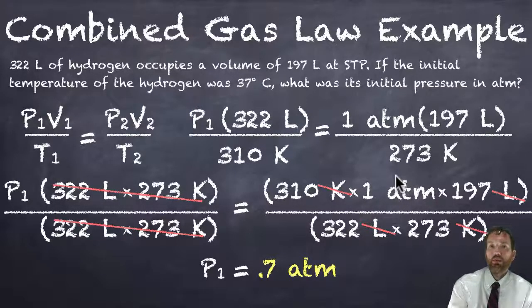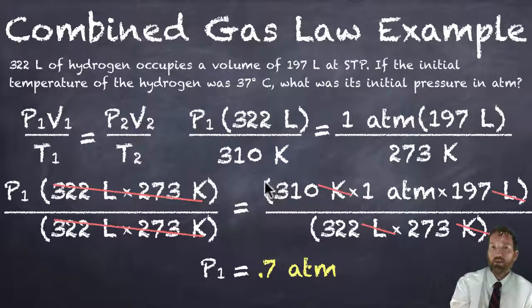Now it's time to punch it in. You do 310 times 1 times 197, enter, divided by, open bracket, 322 times 273, close bracket, enter. Now if you type this all in at once, depending on your calculator, you'll most likely get this incorrect. You need to be really savvy with the brackets here.